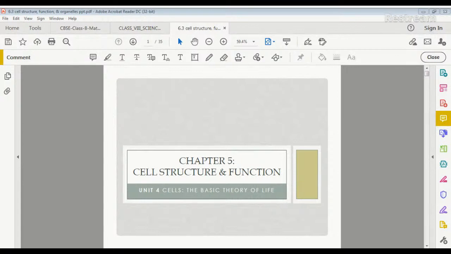Okay. So first we need to know, before doing all these, what is this cell, right? Now first we will discuss some questions.